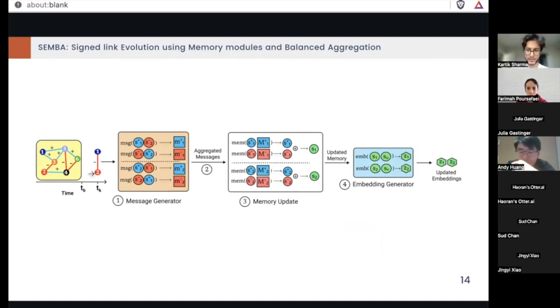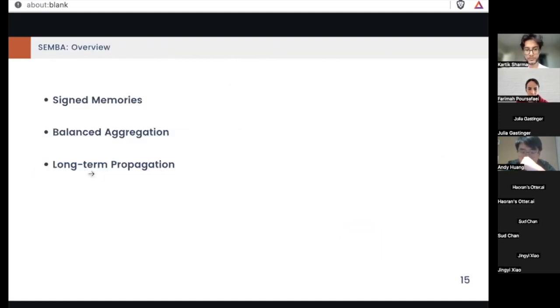We'll see each of these components and what this means in more detail now. Broadly, Simba consists of three features: signed memories, balanced aggregation, and long-term propagation. These three address each of the three challenges that we have mentioned before.